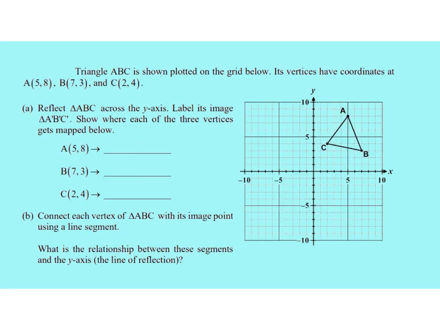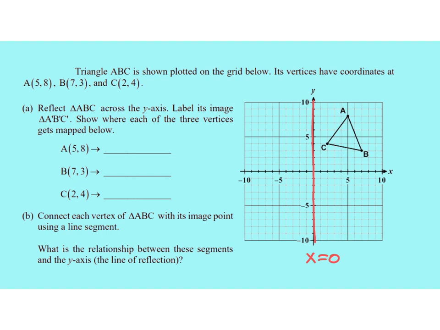Now we've been given a figure. Triangle ABC has been plotted, and they've asked us to reflect it across the y-axis. So I'm going to draw the y-axis, even though it's on here, and remind myself that is a vertical line. And that happens to be the vertical line x equals 0, but instead we call it the y-axis.